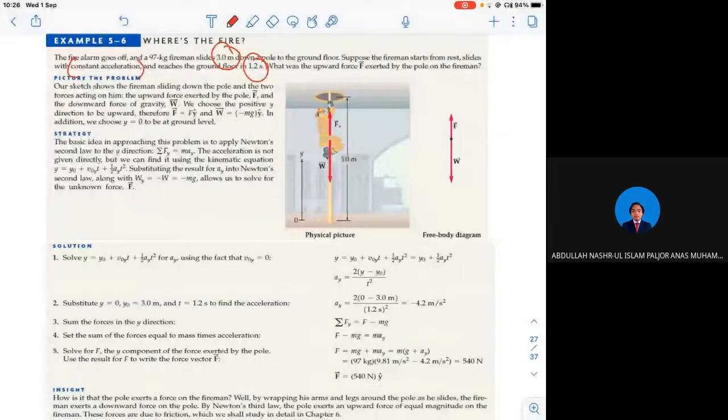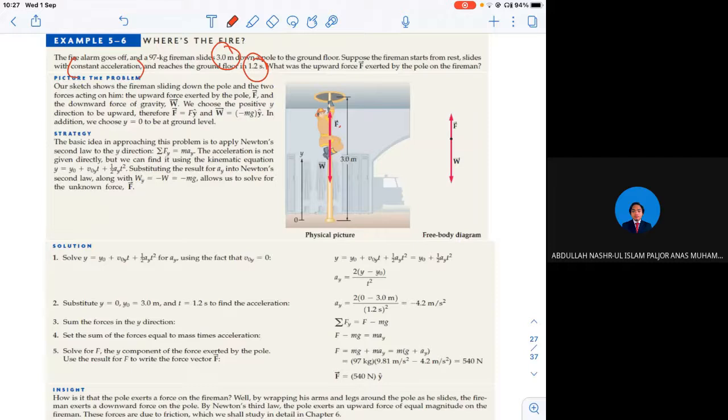So remember, when the fireman is at the fire station maybe, when they have an emergency, obviously the fireman doesn't use a ladder. They don't use stairs. They will slide using a pole.